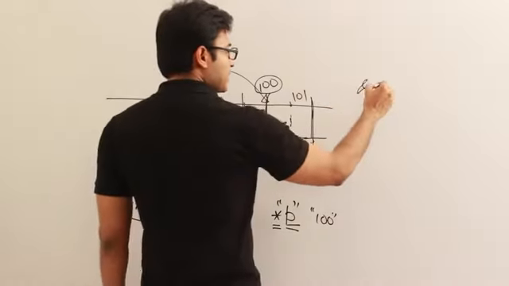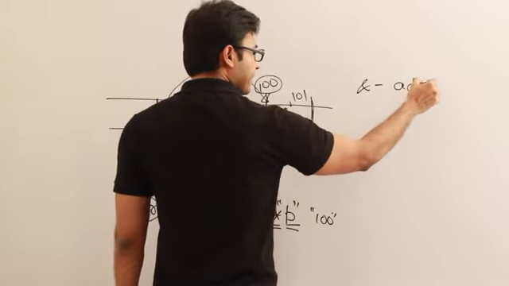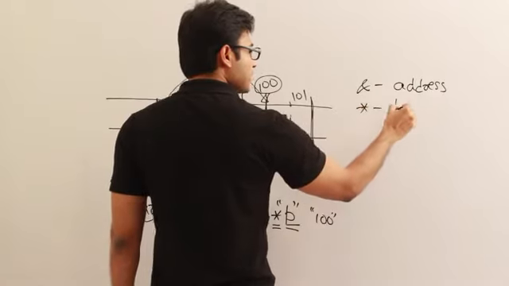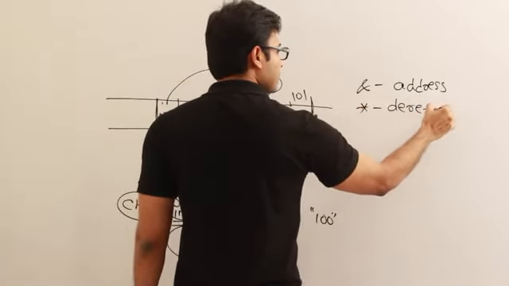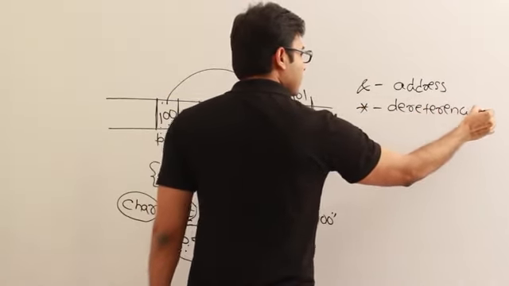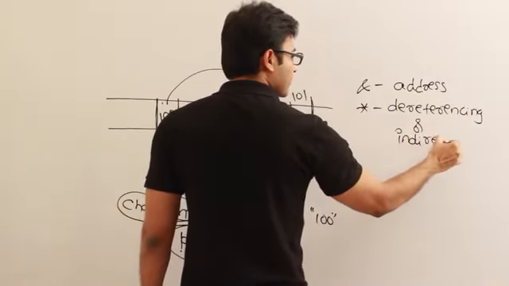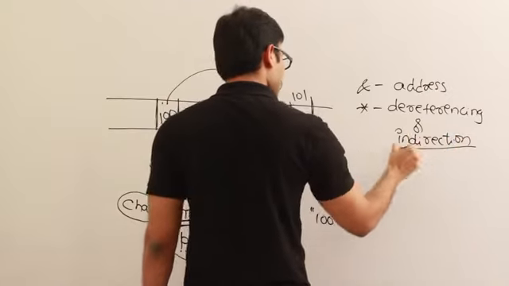See, ampersand is used to get the address, and star is also called the dereferencing or indirection operator.